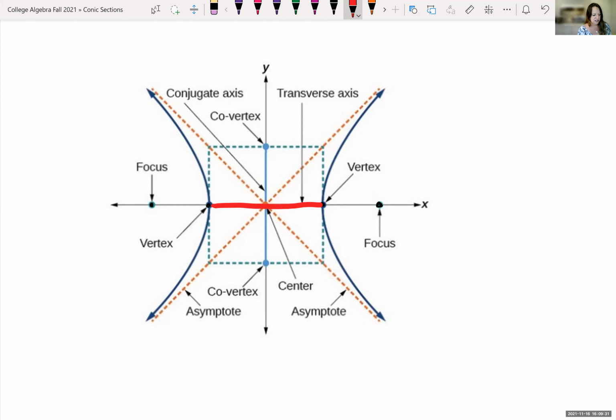That is called the transverse axis. This halfway point between the vertices, right in here, that is the center of our hyperbola.